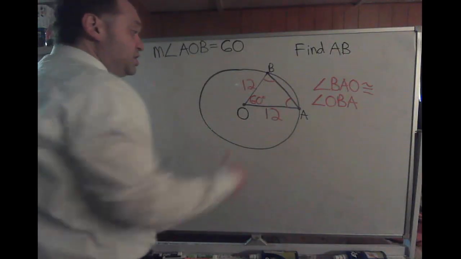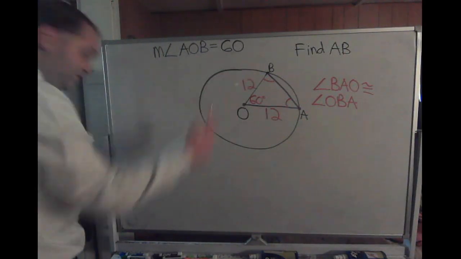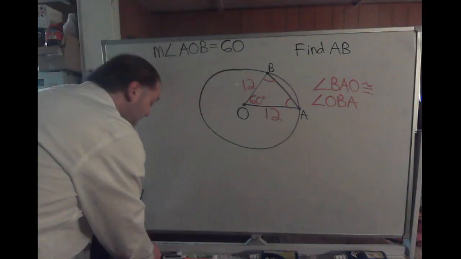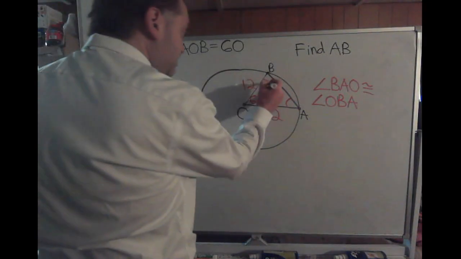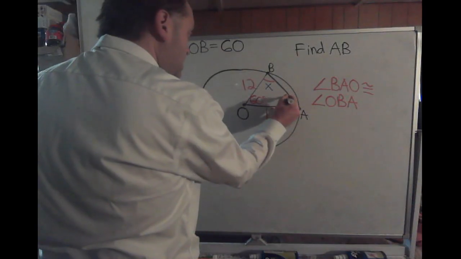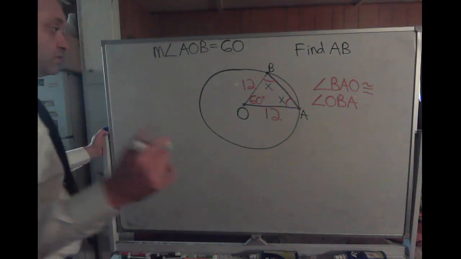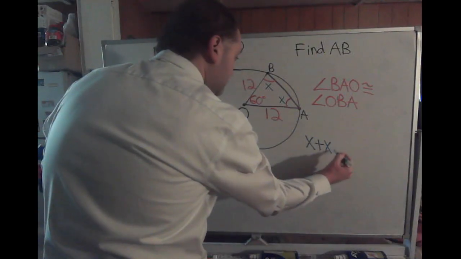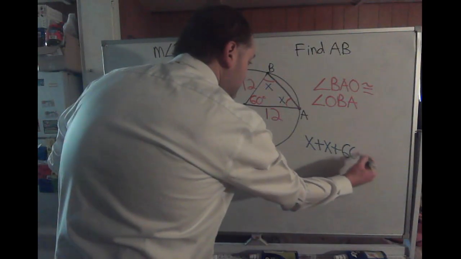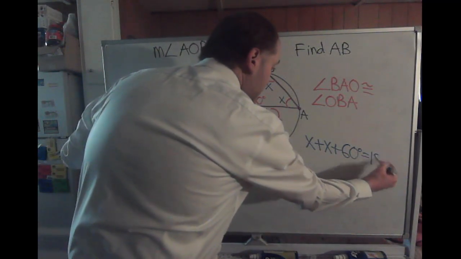Well, you have a 60-degree angle, then you have two congruent angles. We need to actually solve for the two angles. We'll call these angles x. Find the value of the two angles. So we'll take x plus x plus 60 degrees. We'll set that equal to 180 degrees.